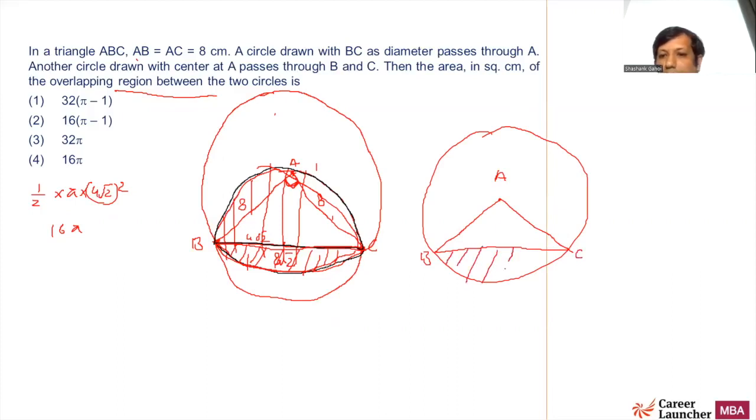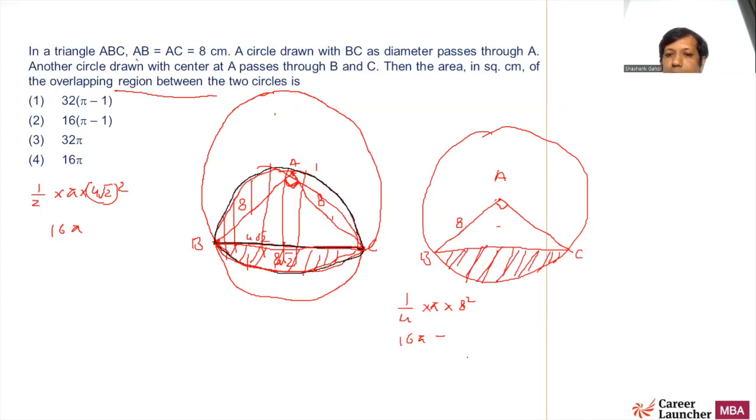So the only approach to find this area is to find the total sector area. So what is the sector area? That is 1 by 4 into pi and the radius is 8 squared. So this comes out to be 16 pi minus the area of the triangle. So that is going to give me this area.